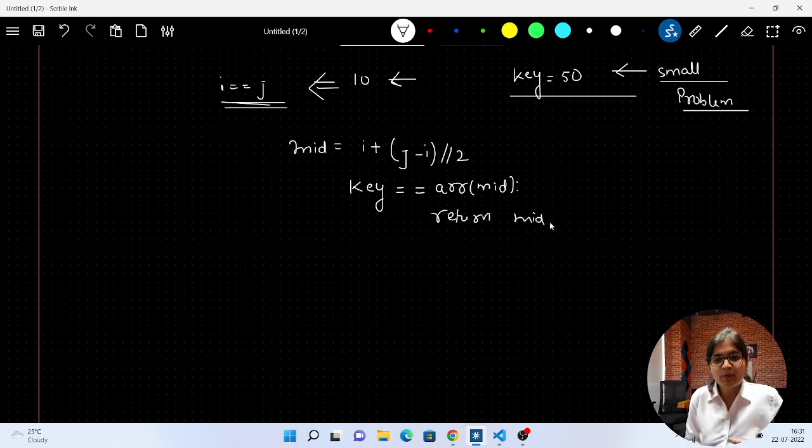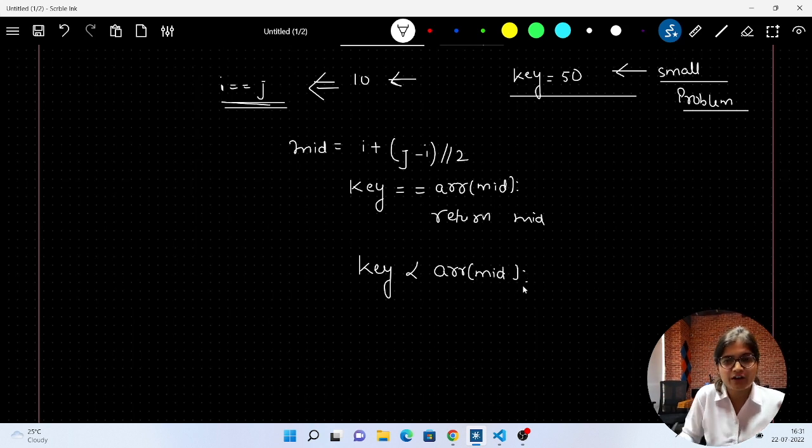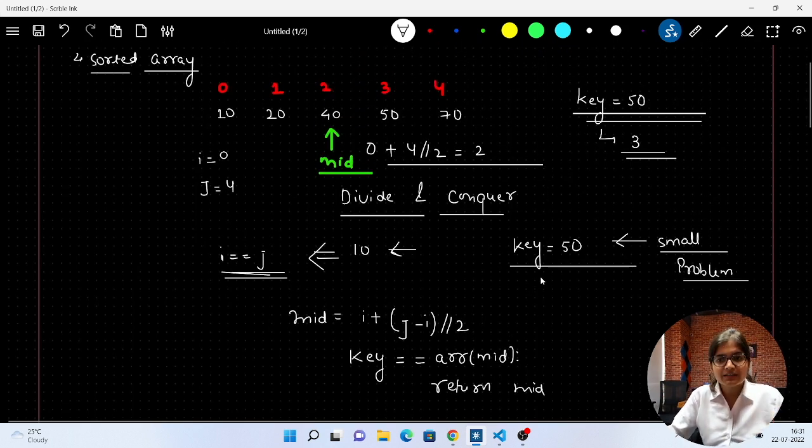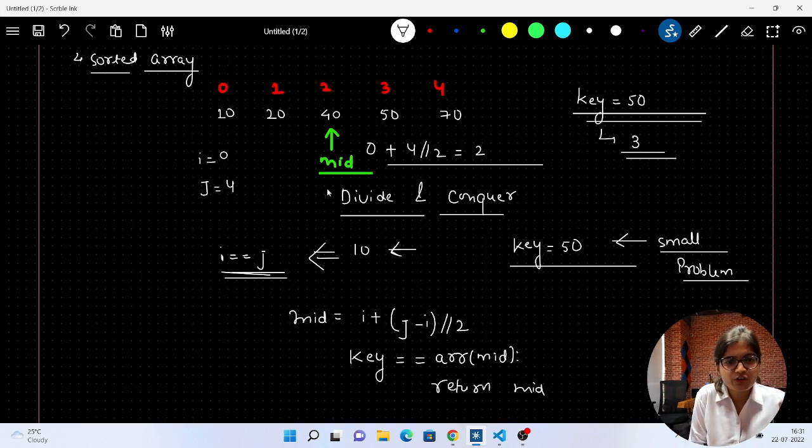But suppose the key that we are looking for is less than the value of array of mid. For example, the key I am looking for is 20. At that point of time, where should I go?